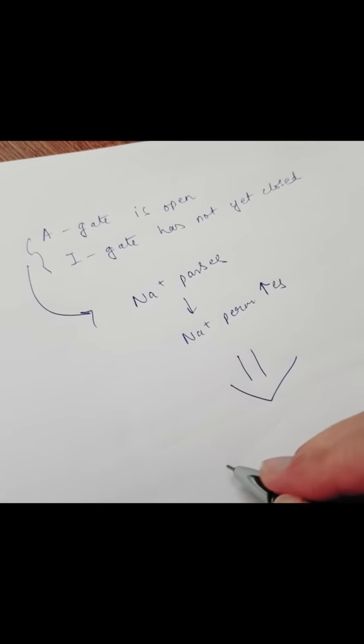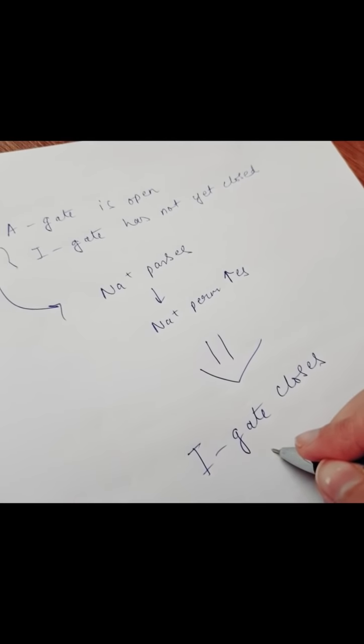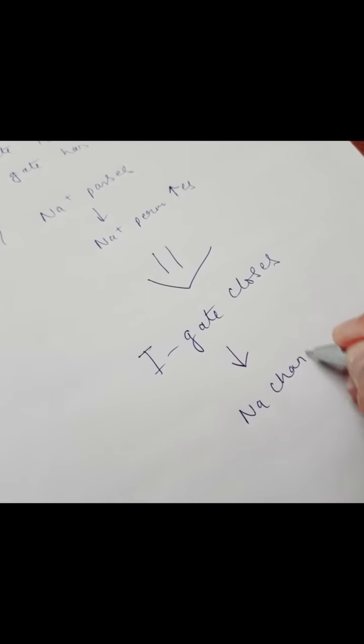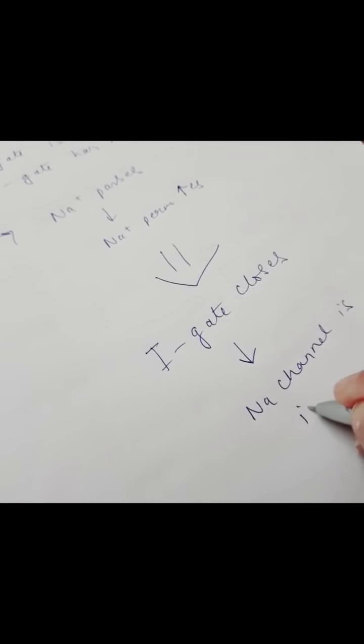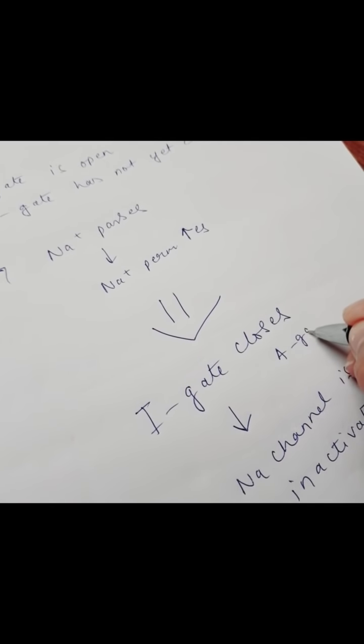Now, after some time, the I gate closes. This is the slow closure of the I gate. Now what happens? The sodium channel is inactivated. When the I gate closes, the A gate remains open.